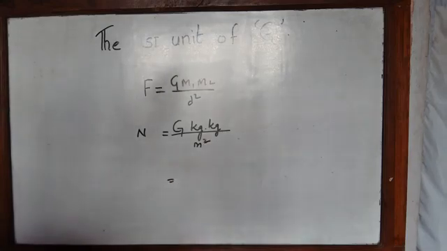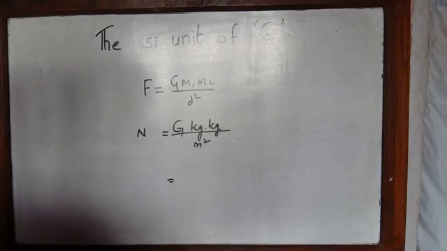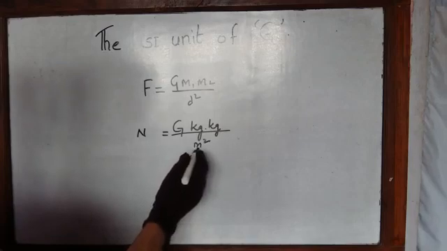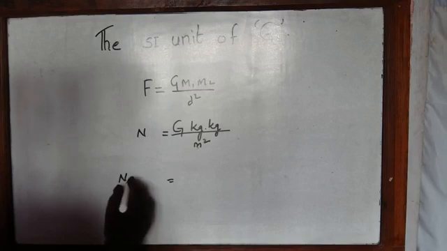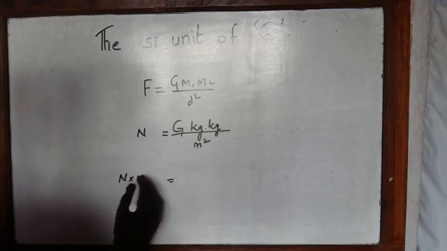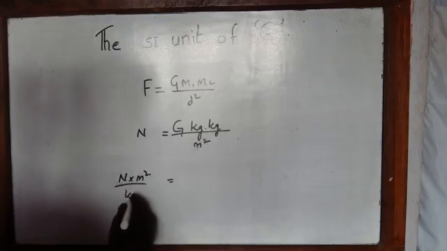Now we isolate the gravitational constant from the units. We bring all the units to one side and place the gravitational constant on the other side. So it becomes Newton times meter square, and kg times kg will give you kg square.